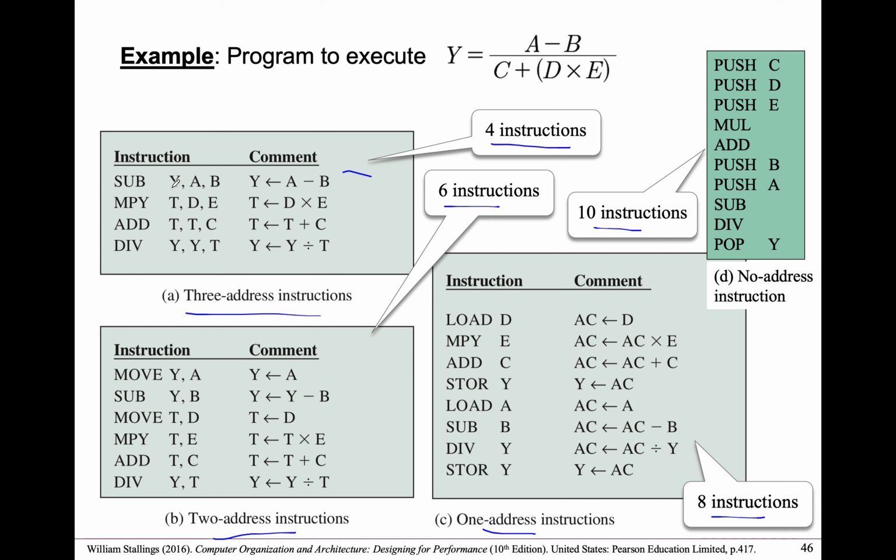You can see you have 1, 2, 3, but you need to occupy 4 instructions. You have 2 address instructions, your operands, and over here only 1, and this one some have but some not.